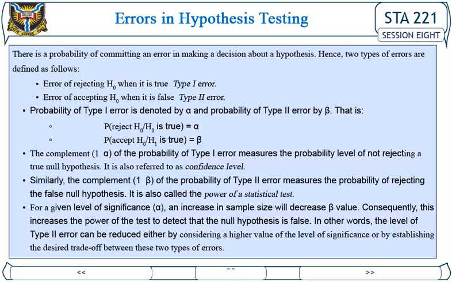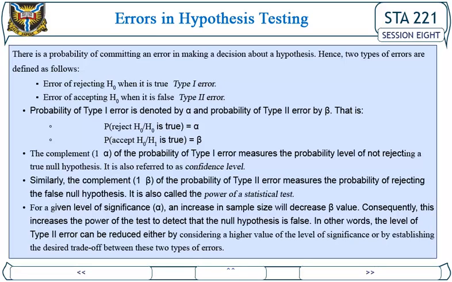Again, if the alternative hypothesis provides one one-sided alternative to H0, e.g. Errors in hypothesis testing. There is a probability of committing an error in making a decision about a hypothesis.